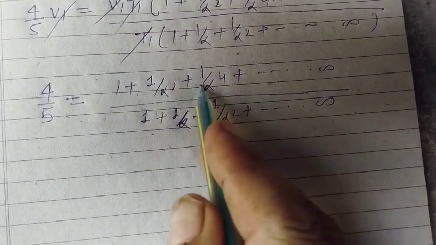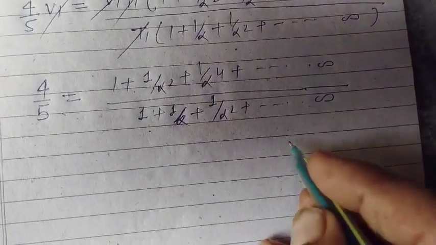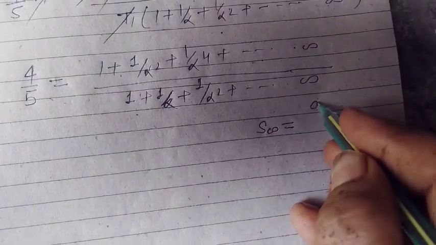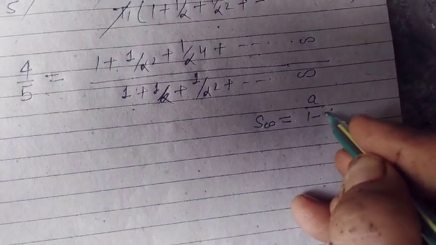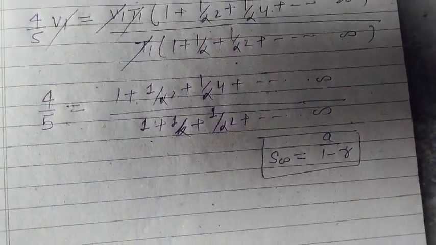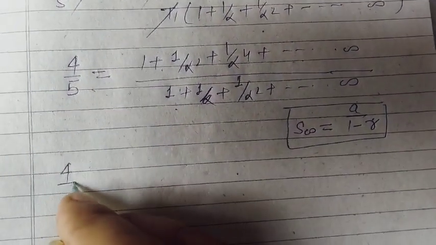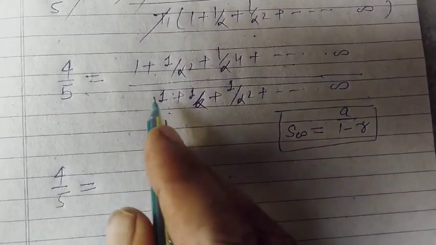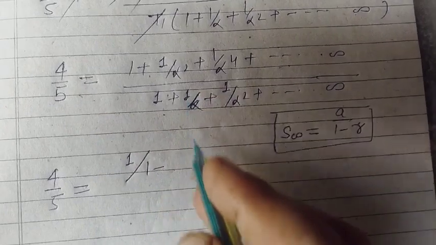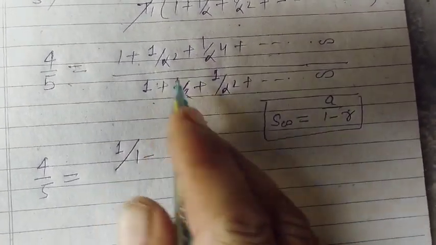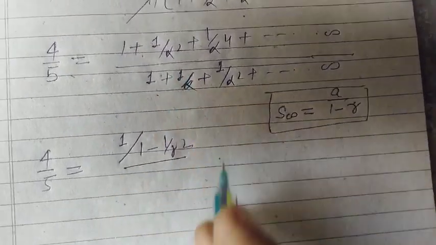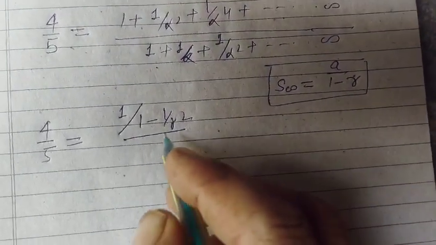This is a geometric progression up to infinity, and the sum of infinite terms of a geometric progression is a upon 1 minus r. You know this from geometric progression in mathematics. So 4 upon 5 equals, here the first term is 1 upon 1 minus 1 upon alpha square, the common ratio being 1 upon alpha square.